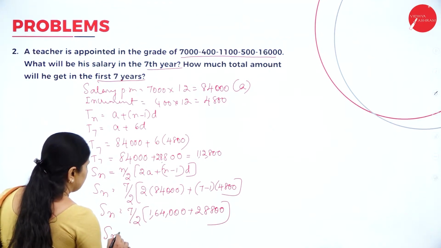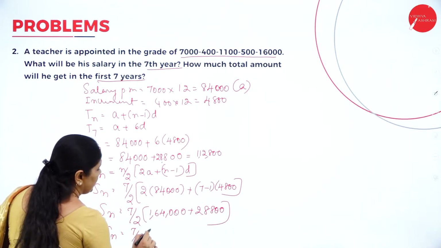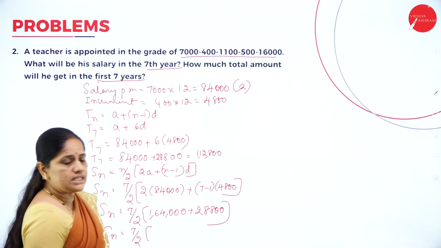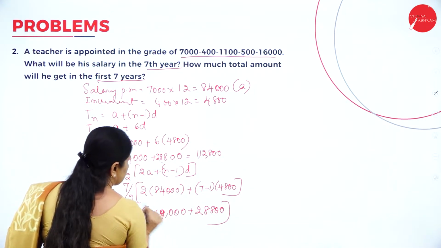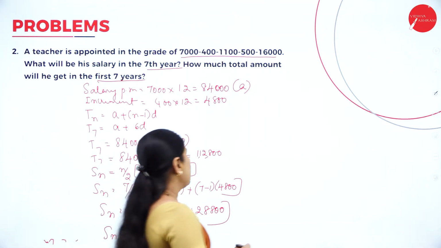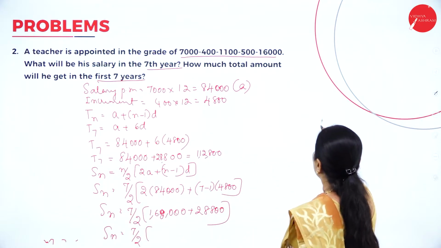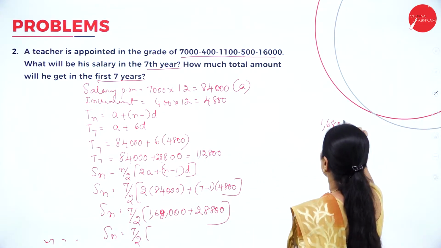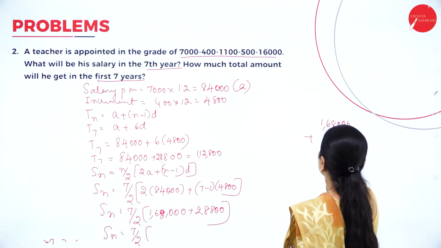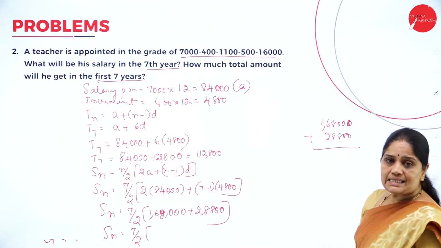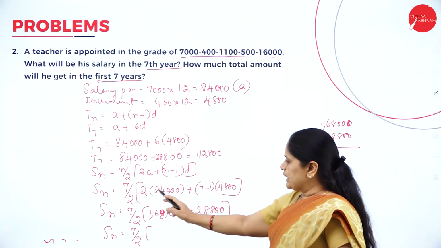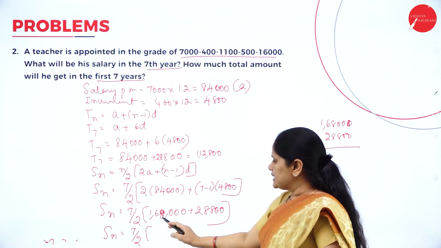Sn will be 7 by 2 into, so we add these two here. This is 1,68,000. So 84 into 2, 2 4s are 8, 2 8s are 16.